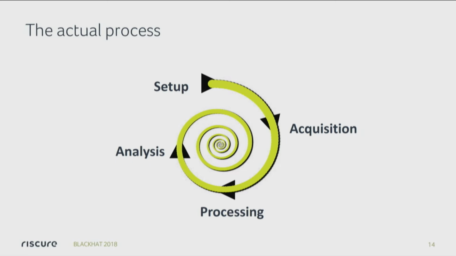Now, obviously, I've been lying to you, because this all looks like a waterfall process. You do some filtering, and you do some leakage modeling, and then out comes the key. This is not reality. In reality, you make an acquisition, you do some filtering, the filtering doesn't work, you go back to the drawing board. You do some leakage modeling, still the key doesn't come out, you find out you didn't connect the wire during the acquisition, so you go back to that.